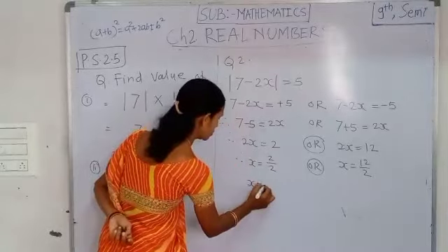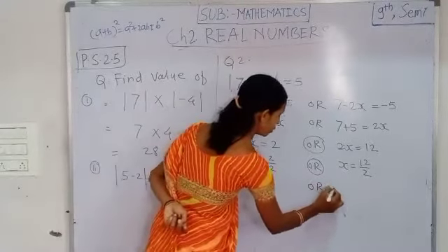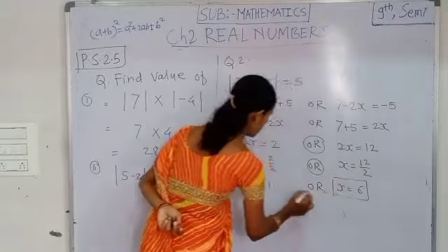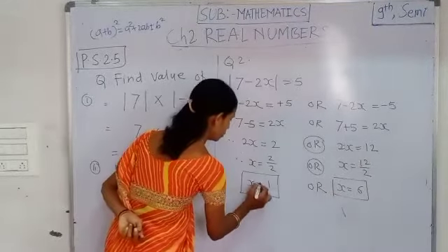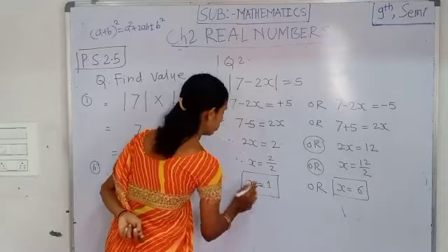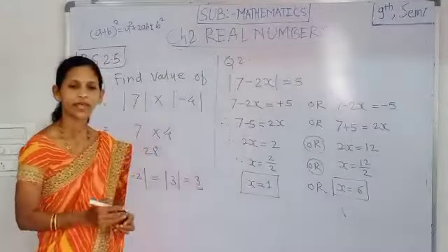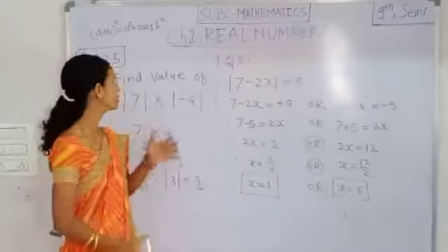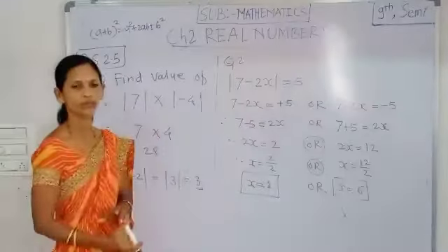Therefore, x is equal to 1, or x is equal to 12 upon 2, that is 6. That means we get 2 values of x. That type of examples are given in practice set 2.5.